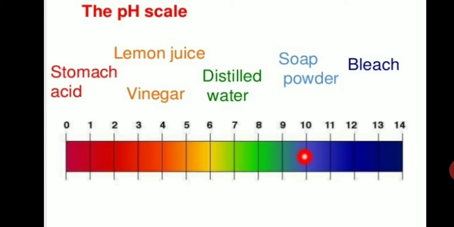Antacids are bases. That's why when we feel acidity, we take milk of magnesia, antacids, gelusil, etc. It shows pH 10.5. Then ammonia, dilute sodium hydroxide, concentrated sodium hydroxide, etc. show the range up to 14. So this is the pH scale of different substances.